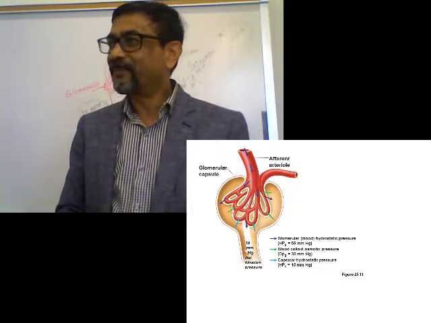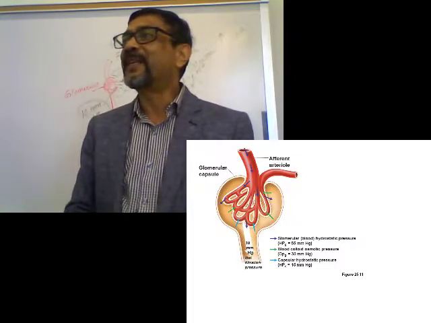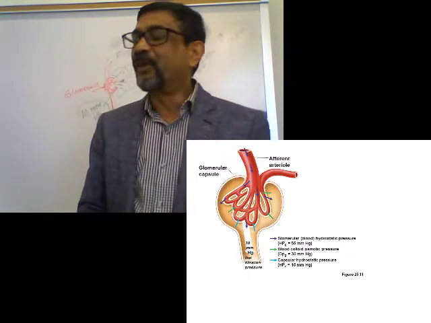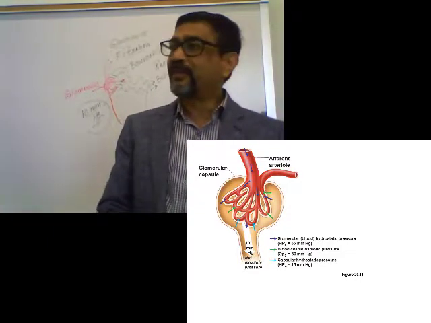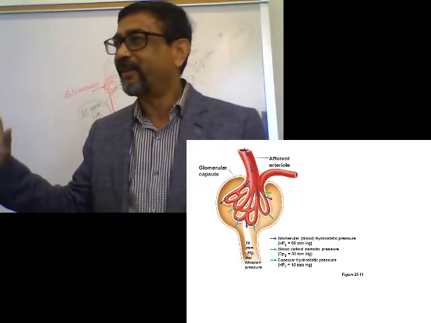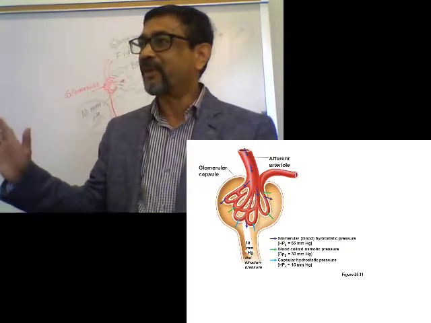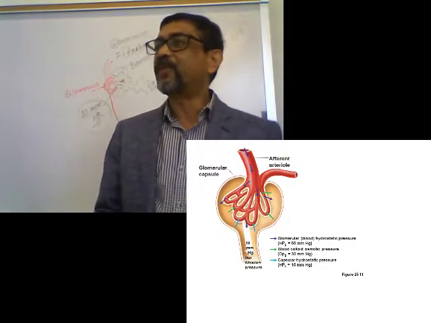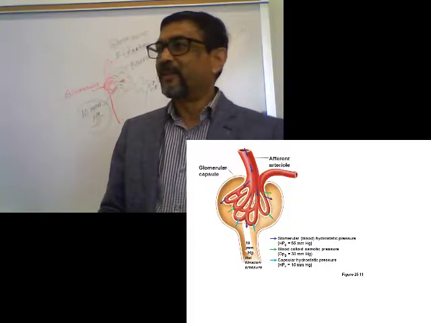Because it is the same, 55 and 55. Make sense? So no movement. Is it clear? So to cause the filtration, to produce the urine, filtration must occur, right? Fluid must enter into the nephron, otherwise urine formation will not occur. So these pressures are very important. Make sense?